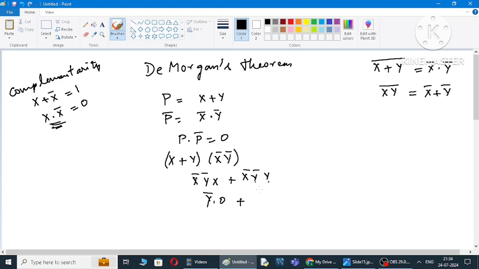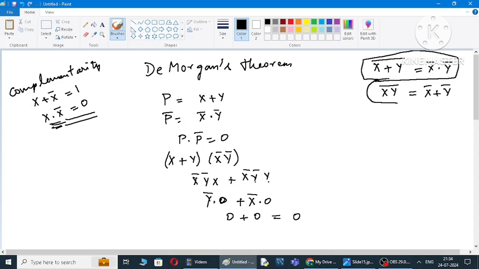Here you have y into y bar, which is 0. So x bar dot 0. And you know, multiplying any term with 0, logical multiplication also gives 0. Hence, you get the answer 0, which is the proof of x dot x bar is 0. Right? So you give the proof of the first De Morgan's law.